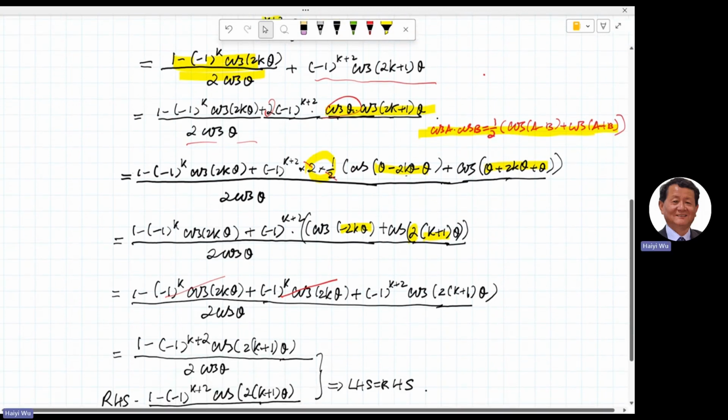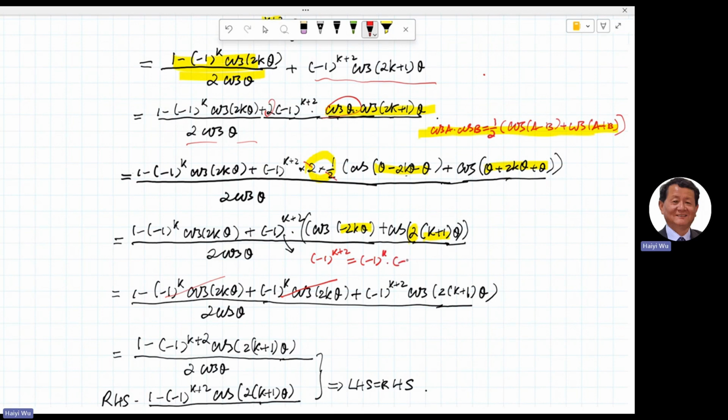First, negative 1 to the power of k plus 2 is equal to negative 1 to the power of k times negative 1 to the power of 2. Negative 1 to the power of 2 is positive 1, so the answer is negative 1 to the power of k. There's a 2, so I'm going to change that one to this one, and now expand the bracket.